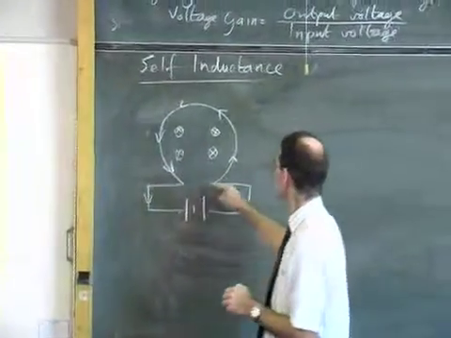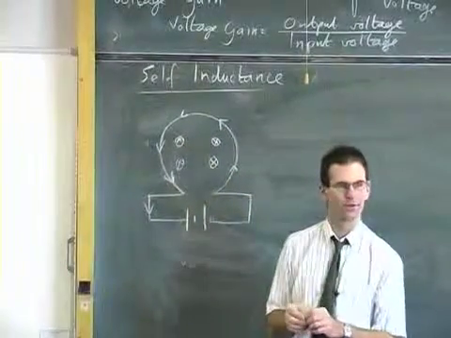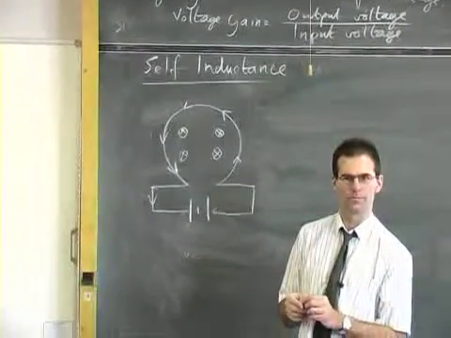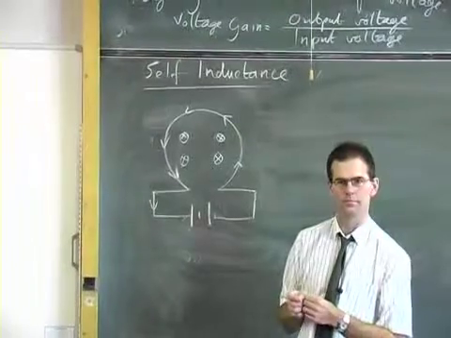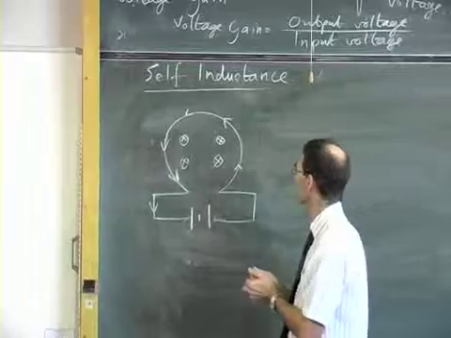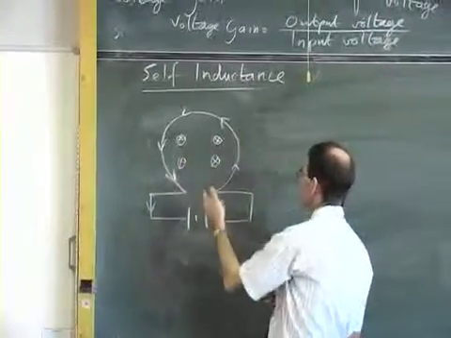Because you've got an increasing magnetic field around a coil, what effect is that going to have on the coil? Think about what we were doing before. It'll induce a voltage, okay? So we've got increasing magnetic field, coil of wire, induced voltage.